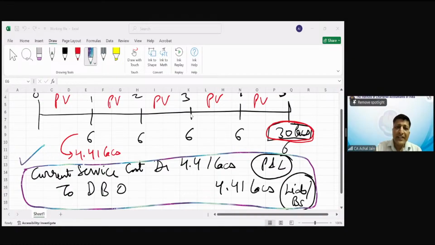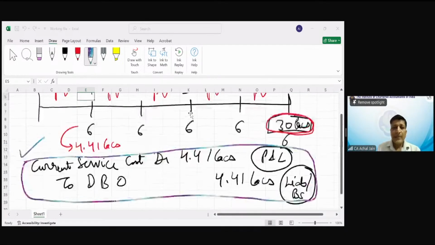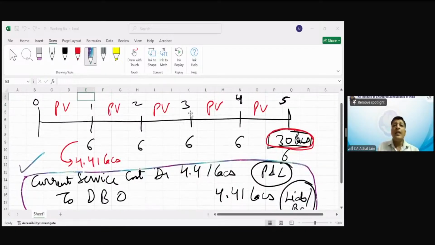Right. So in the second year, similar to what you did in the first year, every year this 6 lakhs will have to be discounted. So at the end of first year, you discounted the value of 6 lakhs for 4 years.